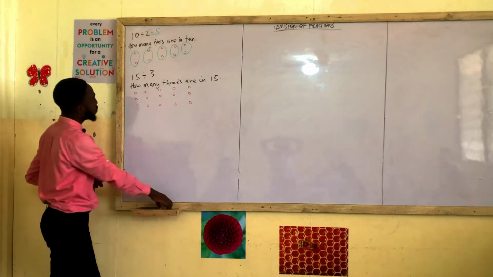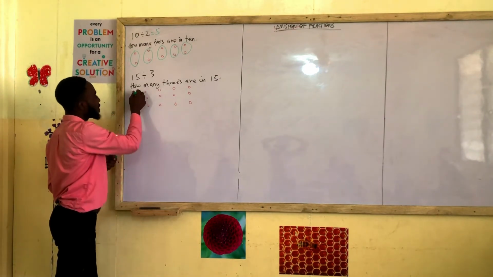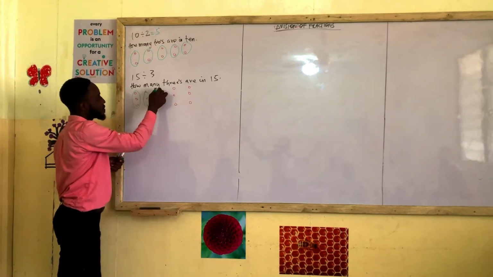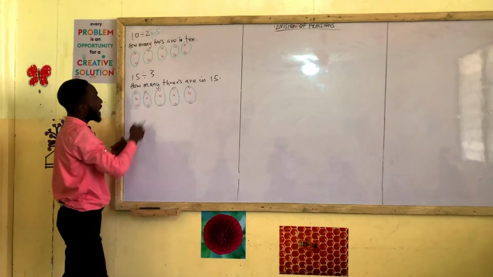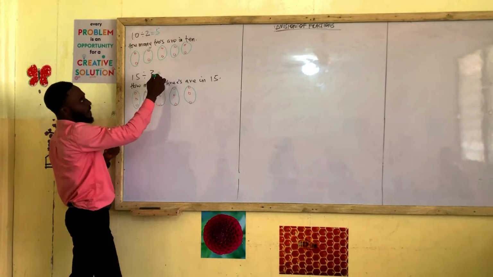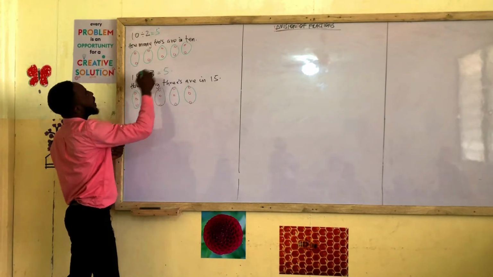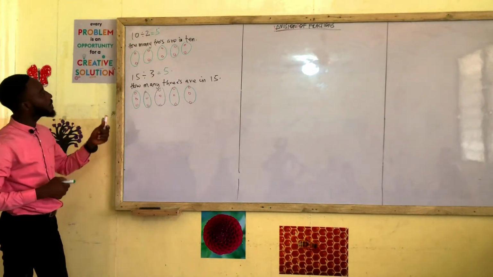So if we group them, how many can we get? 1, 2, 3, 4, 5. Alright, so we'd have 5. Wow. Something interesting.